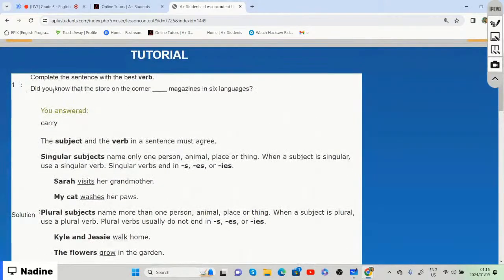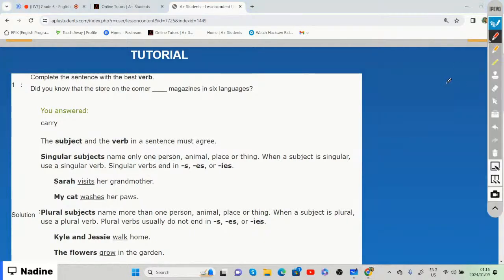So did you know that the store on the corner, we either need to choose the difference between carry or carries. You need to choose the difference between these two, right?